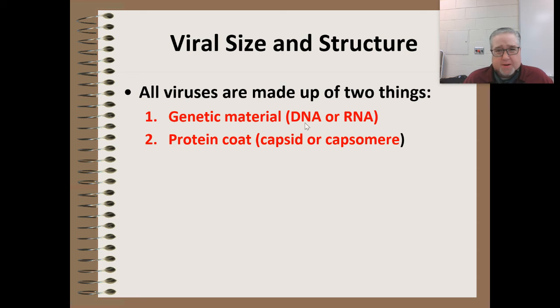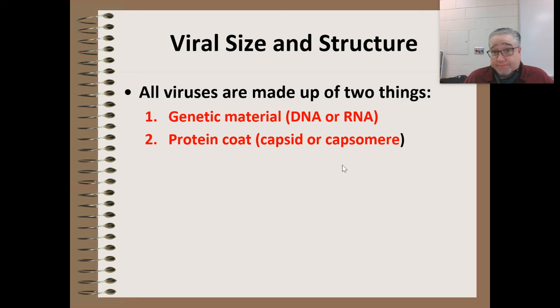Don't worry about that so much, but they have their own genetic information. Which means that if they have their own genetic information, they should be able to make proteins. The problem is they can't make their own proteins. Something has to make it for them, but they have the instructions to do so. That's what DNA is, right?